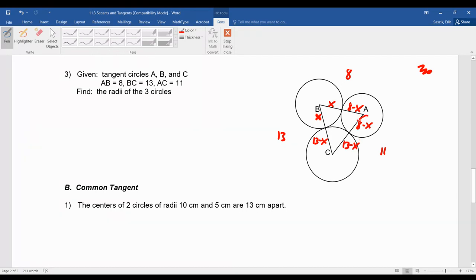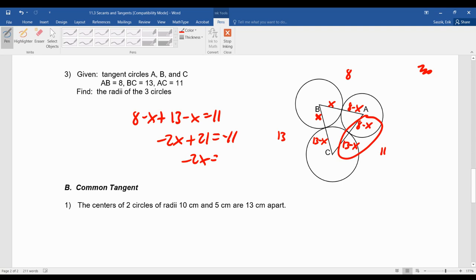So these two things here, the sum of those things has to be 11, right? So we got negative 2x plus 21 equals 11.